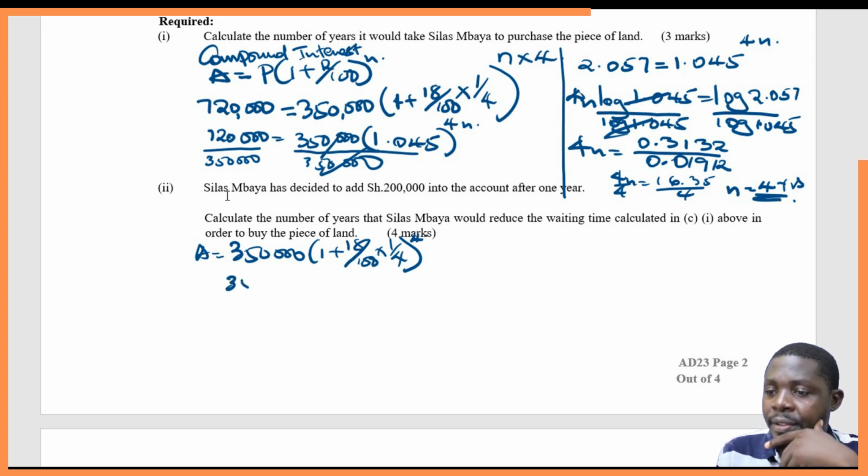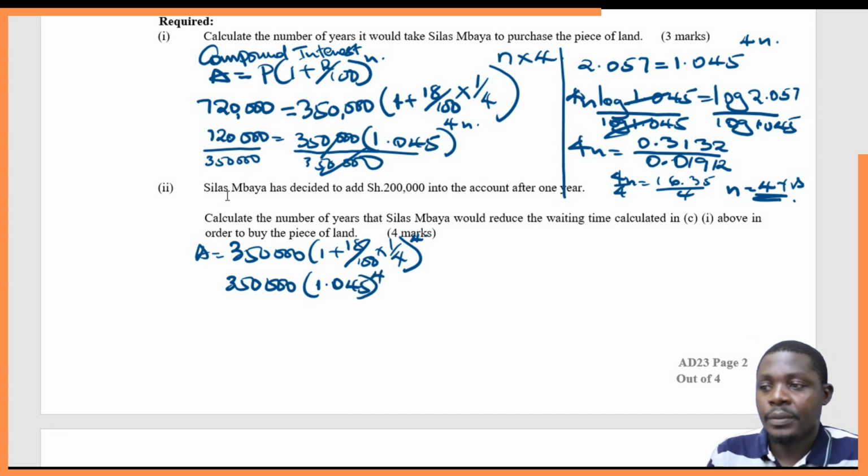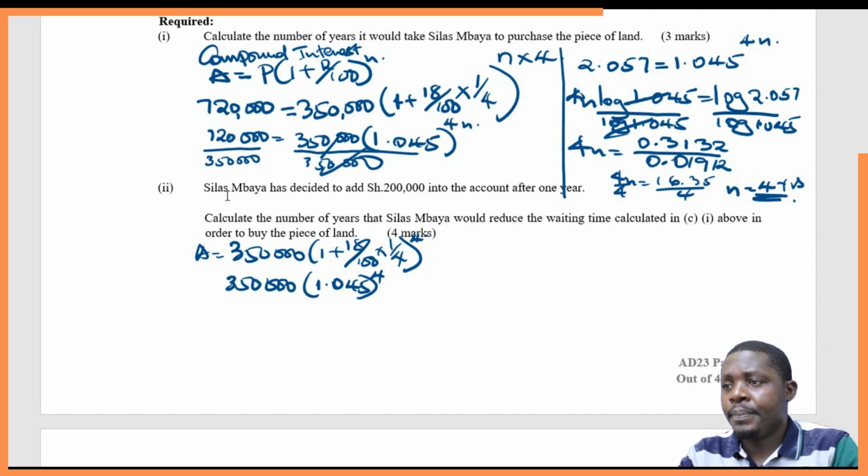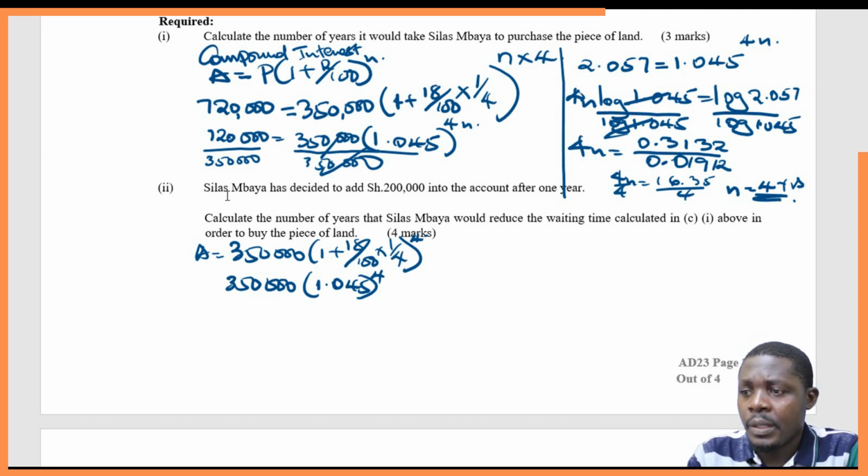That is 350,000 into 1.045 raised to power 4. Now in that case, it's going to be 1.045 raised to power 4 multiplied by 350,000.